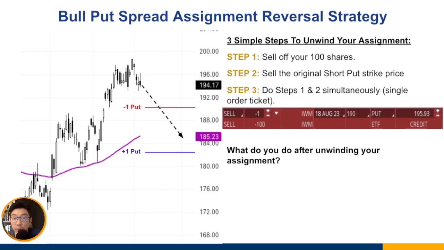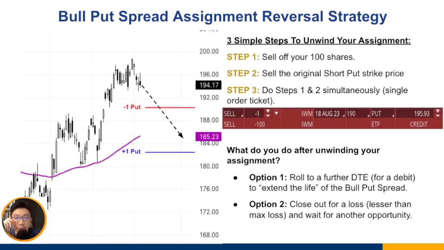So it's best also to find brokers that do not charge you an assignment fee, by the way. So what do you do at this point of time after you have unwound your assignment? You're still not out of the woods, all right? Because there is still always a chance that your short put strike is going to get assigned again, and it can happen as early as the same day you put on this short put strike.